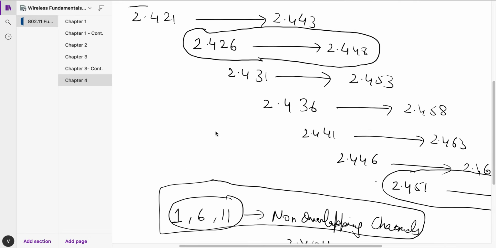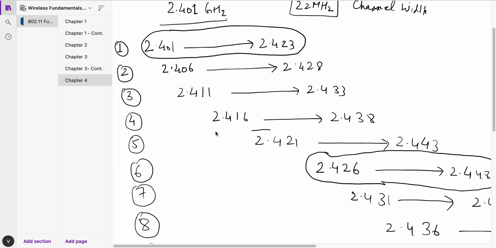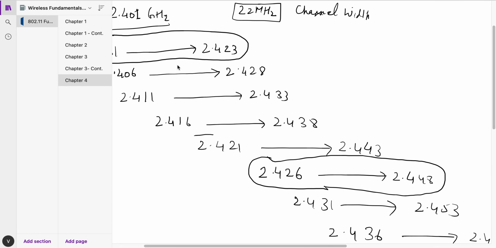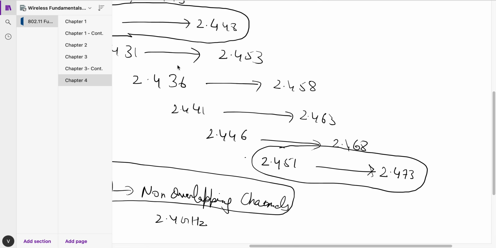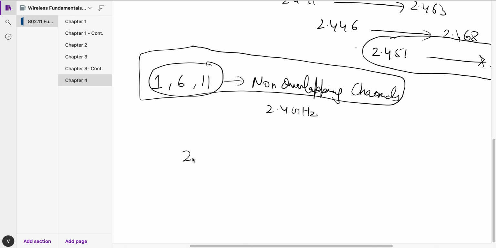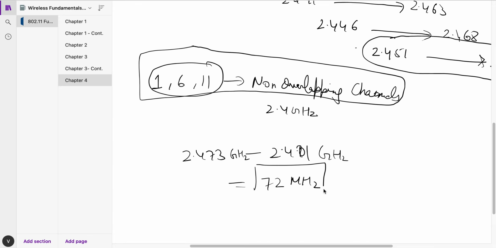Now, also keeping in mind that the starting frequency of the 2.4 gigahertz band is 2.401 and the ending frequency of the entire band is 2.473, which simply means 2.473 minus 2.401 gigahertz gives us 72 megahertz of channel width to send traffic.